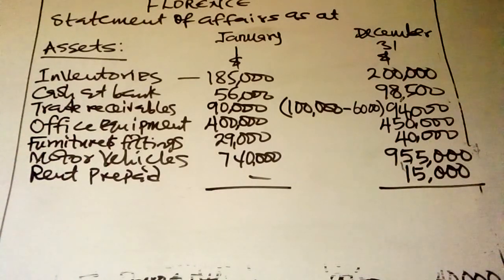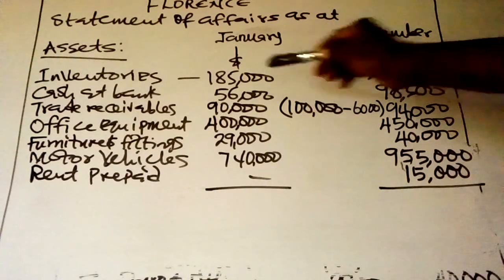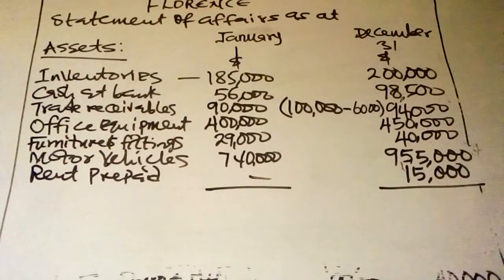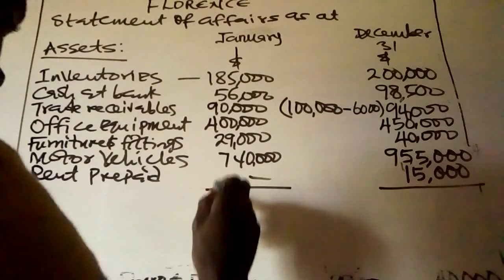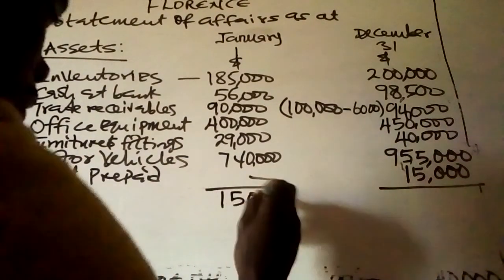We have 185,000 plus 56,000 plus 90,000 plus 400,000 plus 29,000 plus 740,000. The total of the opening balance, the total asset now, is 1.5 million.